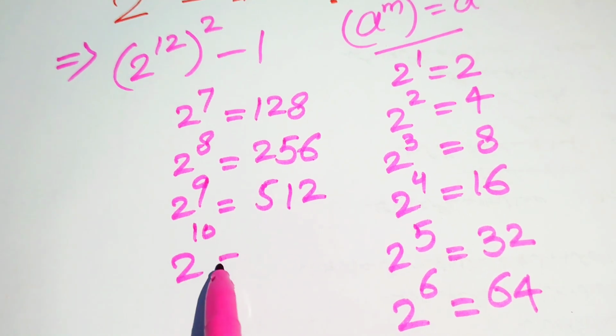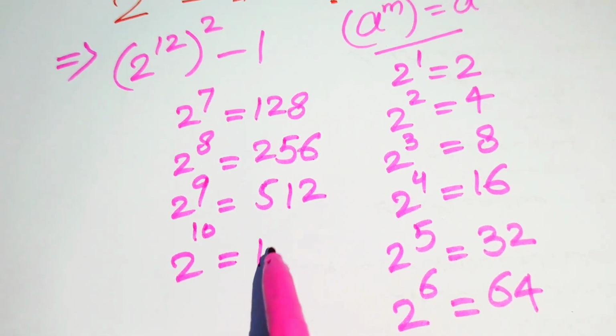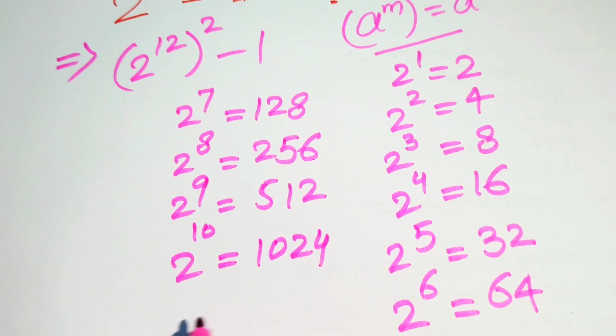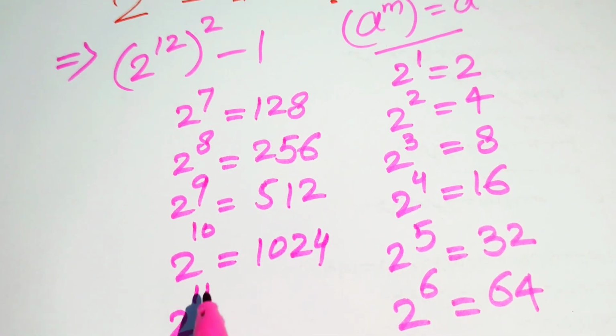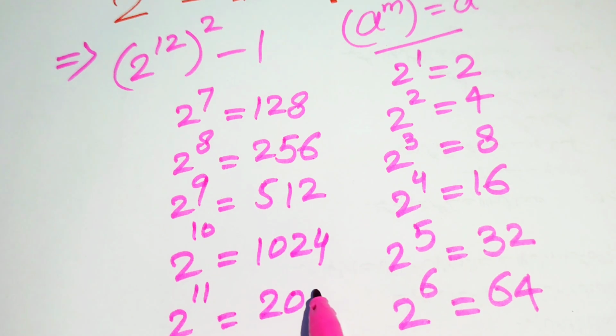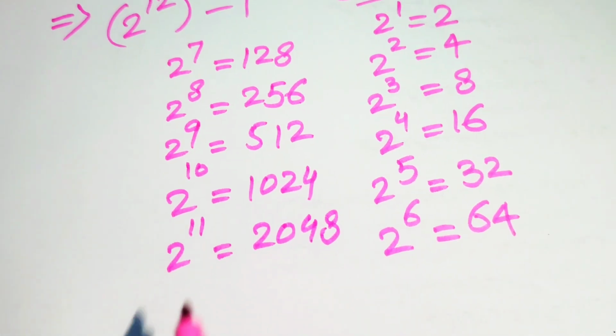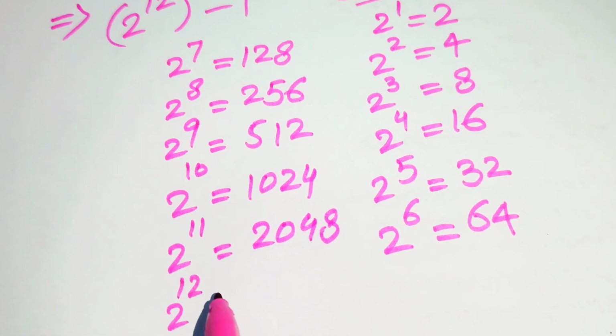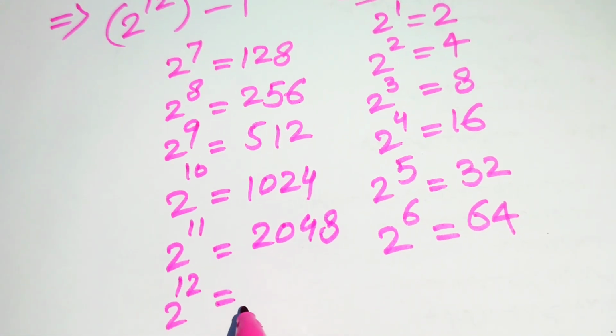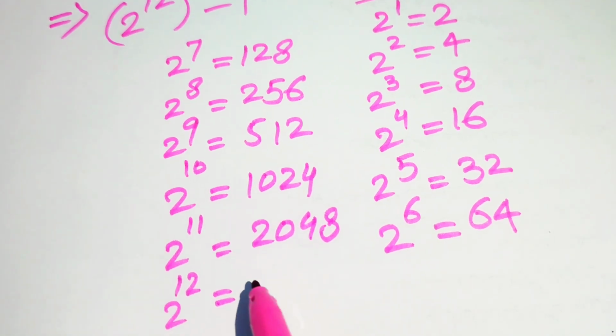Similarly, 2 to the power of 10 is equal to 1024, and 2 to the power of 11 equals 2048. So finally we get 2 to the power of 12 is equal to 4096.